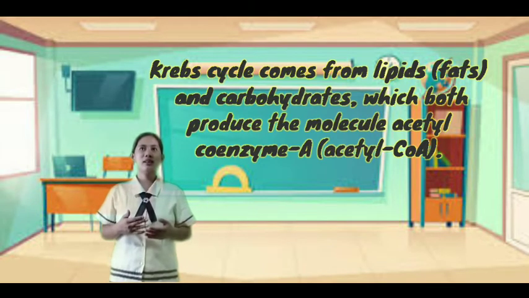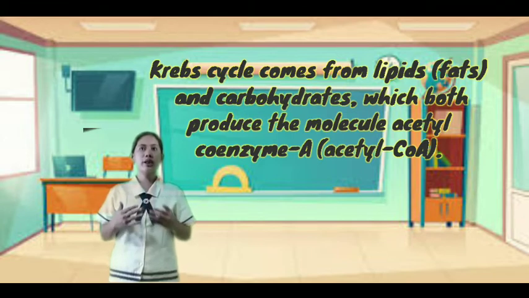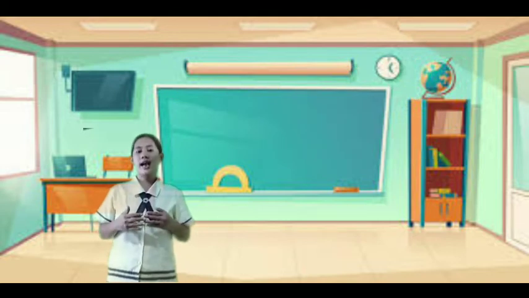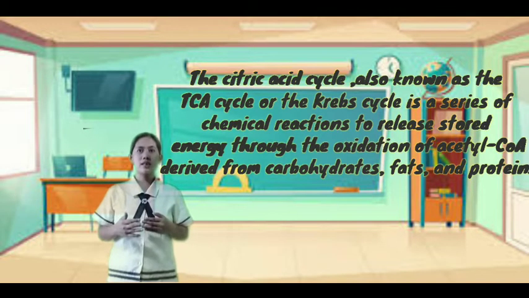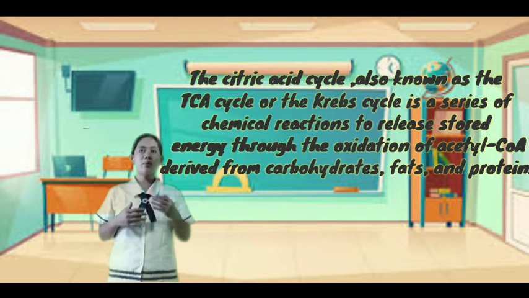The Krebs cycle takes input from lipids or fats and carbohydrates, which both produce the molecule acetyl coenzyme A. The citric acid cycle, also known as the Krebs cycle or TCA, is a series of chemical reactions that release stored energy through the oxidation of acetyl-CoA derived from carbohydrates, fats, and proteins.